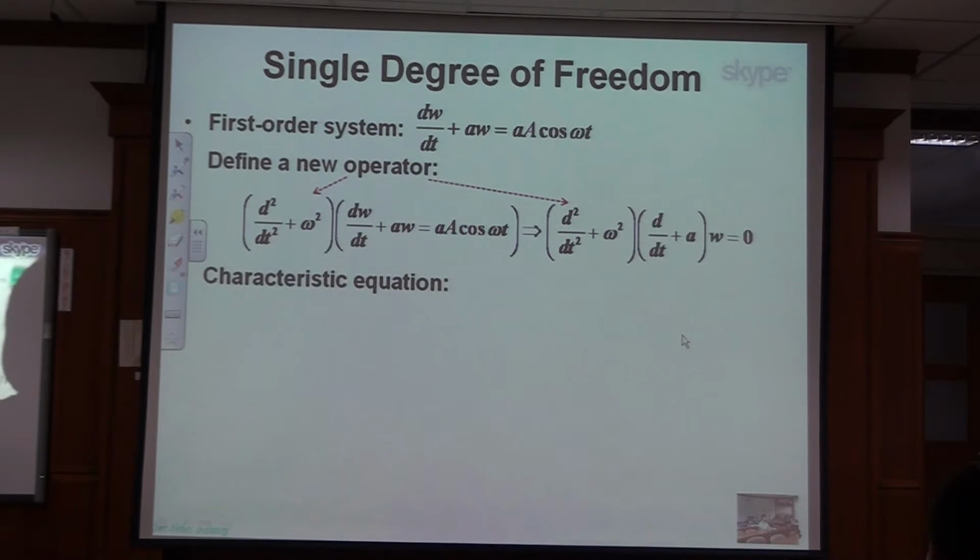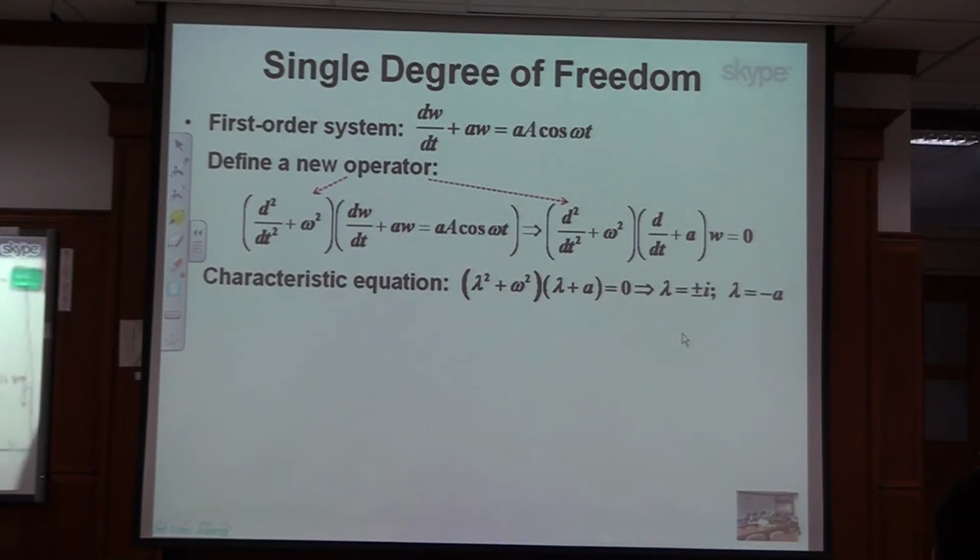From here, you will get what we call the characteristic equation. That means lambda squared plus omega squared, and then parenthesis lambda plus a equals 0. And this way is equivalent to using exponential functions. I will show you the exponential function later on.